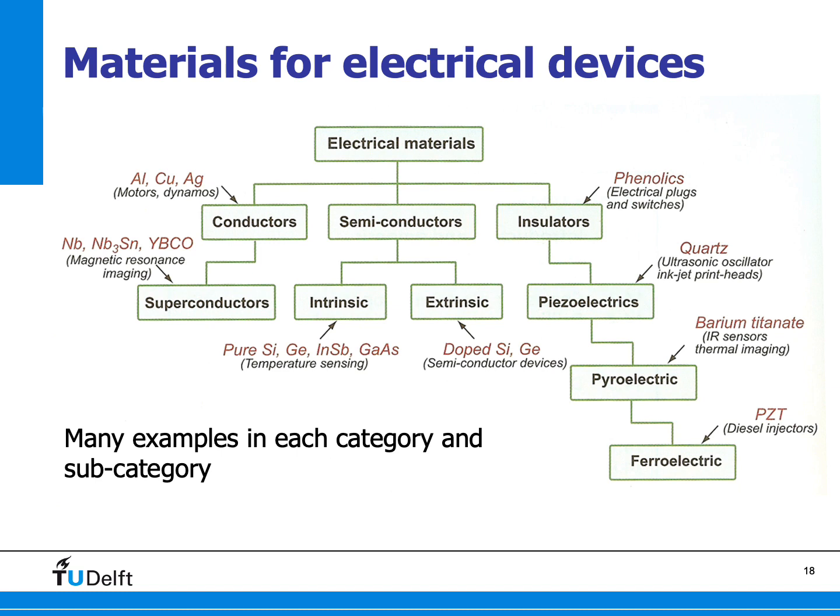And we have the semiconductors. There are the intrinsic semiconductors, the pure silicon and germanium, and the extrinsic semiconductors, which are doped silicon or doped germanium. For the insulators, we can find piezoelectrics, pyroelectrics, and ferroelectric materials.